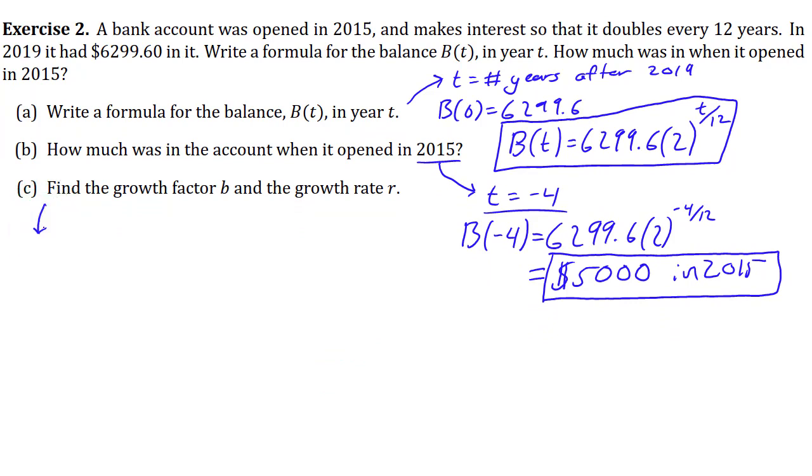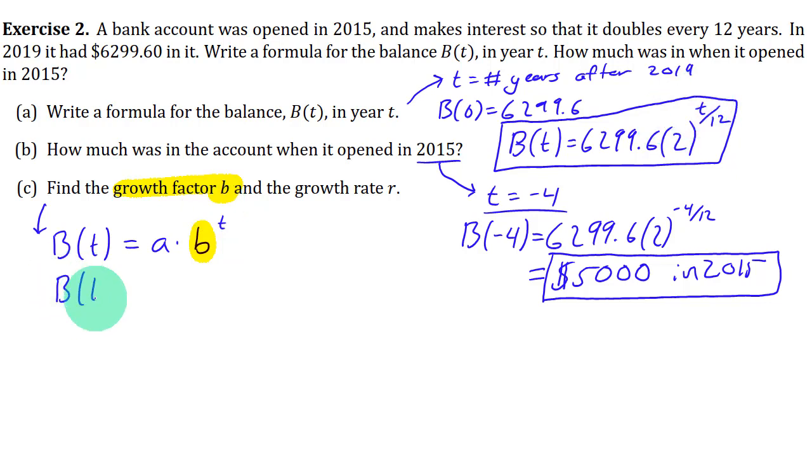The growth factor b means we want to write this as B of t equals A times little b to the t. This is the growth factor that we're talking about, that lowercase b here. Right now it's not written in that form with just the t as the exponent. It has t over 12.